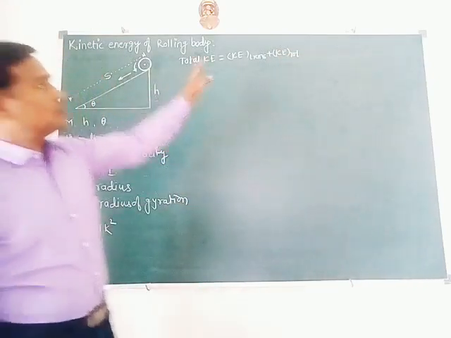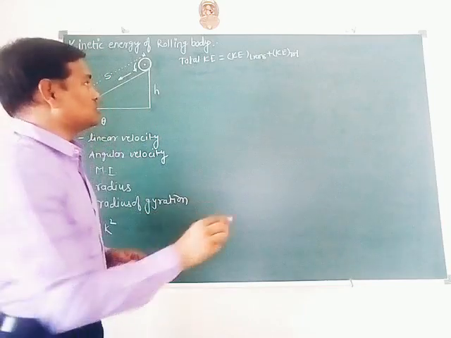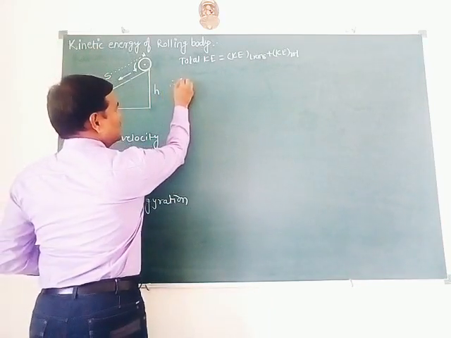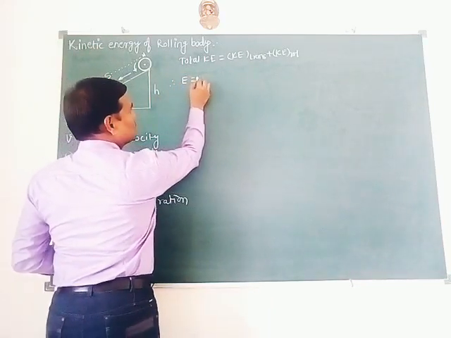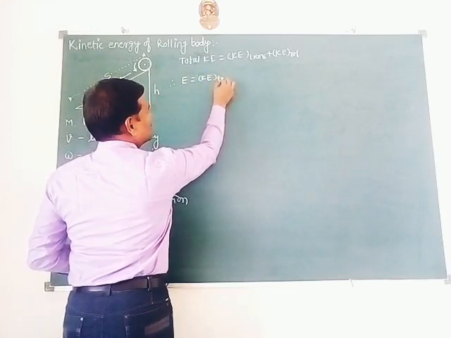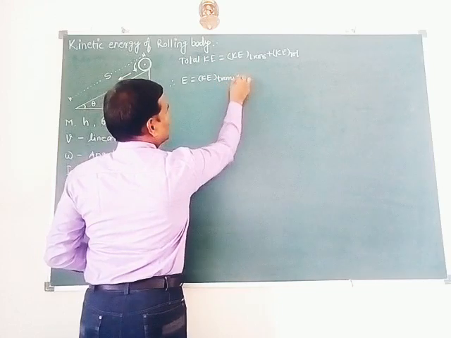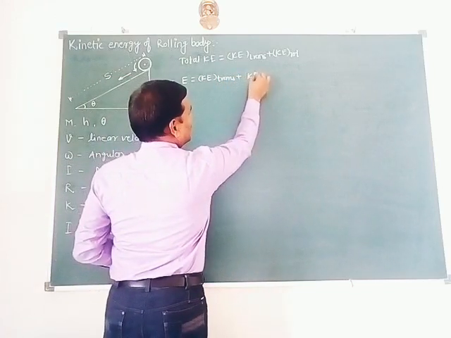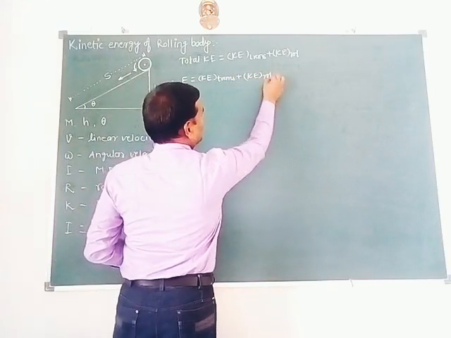It is combination of translational kinetic energy and rotational kinetic energy. So we can write here capital E is equal to kinetic energy translational plus kinetic energy rotational.